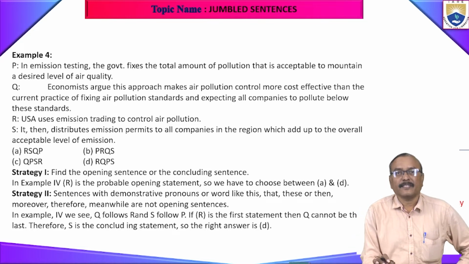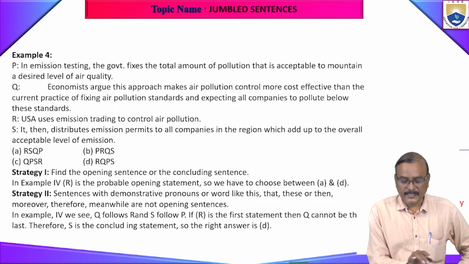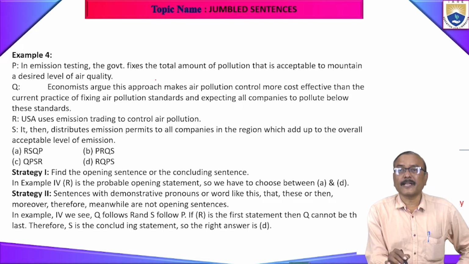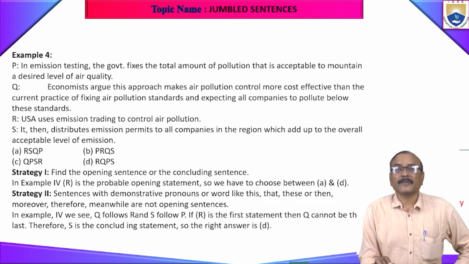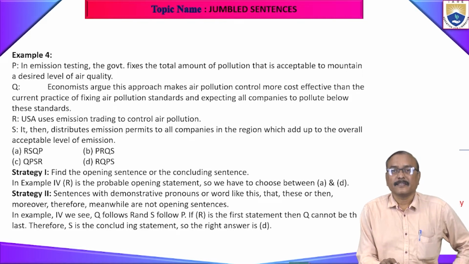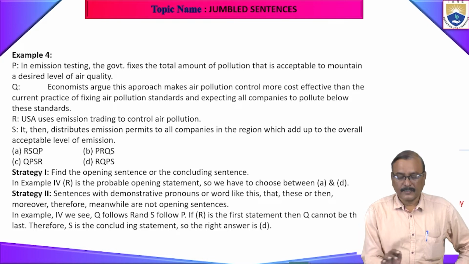In this one also you see. In emission testing, the government fixes the total amount of pollution that is acceptable to maintain a desired level of air quality. This is a general statement. Next.